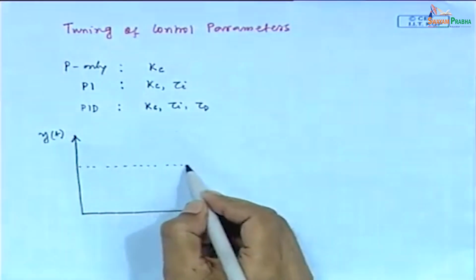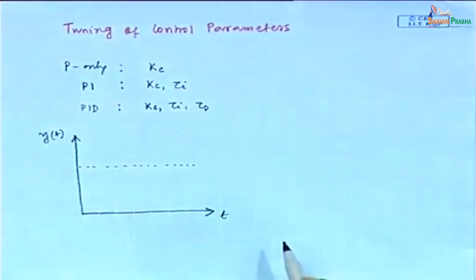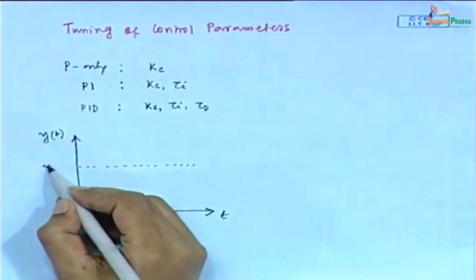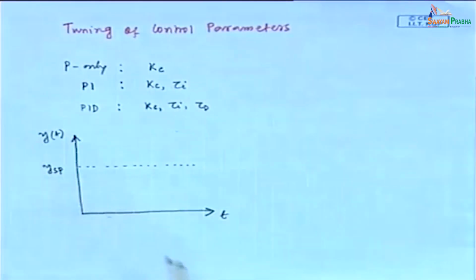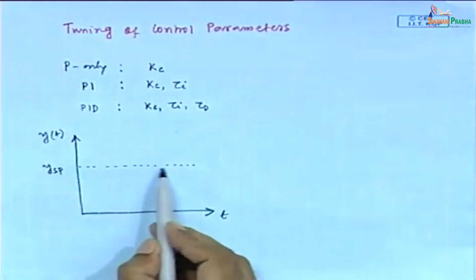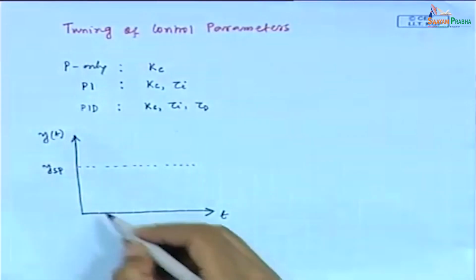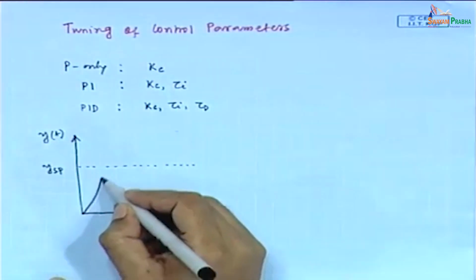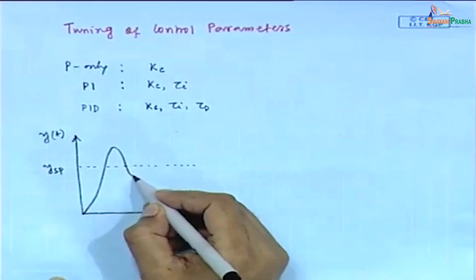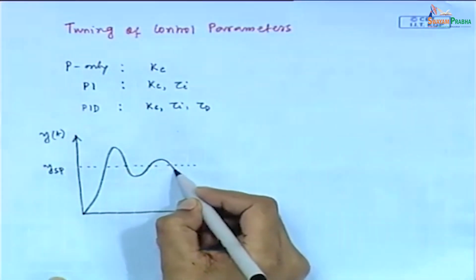Now, in this process, a step change in set point value is introduced. This is the set point value. Fine. We are getting this type of closed loop response.